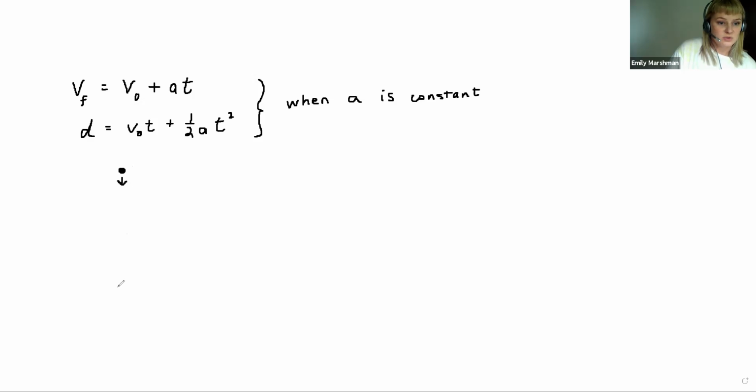Now the object is moving in the vertical direction, or the y direction, up and down. And chapter 3 reminds us that the acceleration due to gravity is 9.8 meters per second squared down.